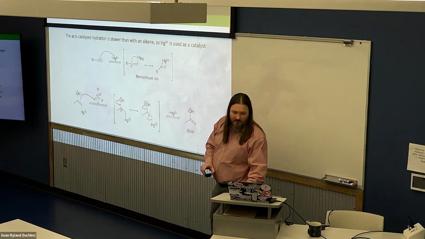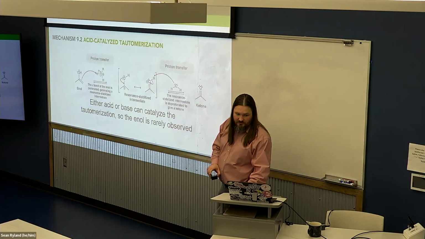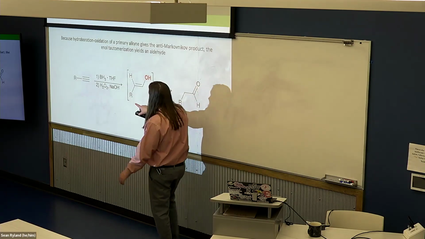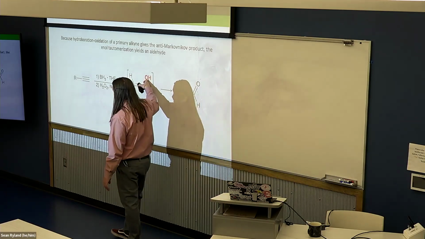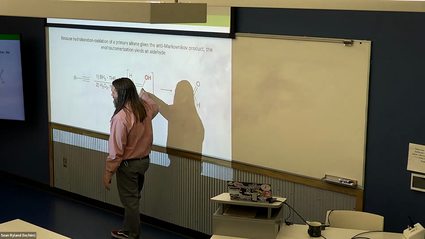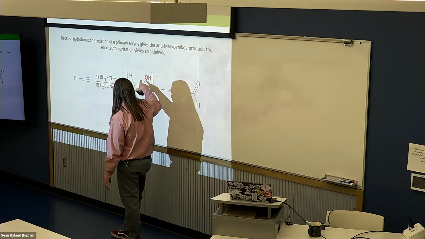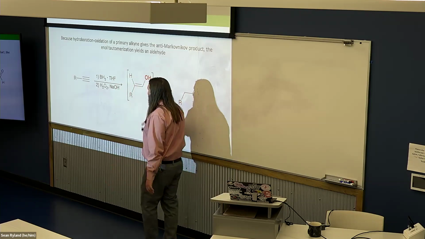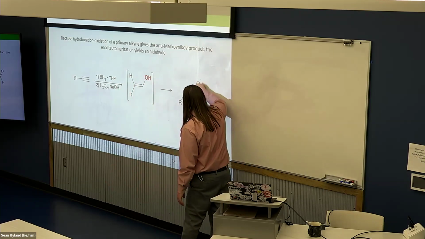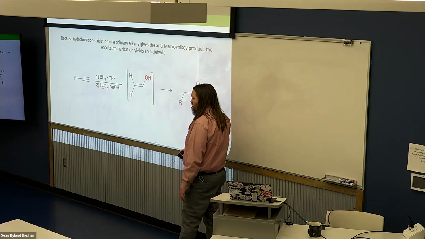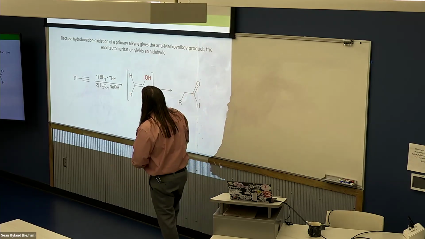If we go the other hydration reaction, hydroboration puts the oxygen on the less substituted carbon because it's anti-Markovnikov. If you put it on the less substituted carbon, then when it does its rearrangement, you get the aldehyde. And that's what this is, just under basic conditions.